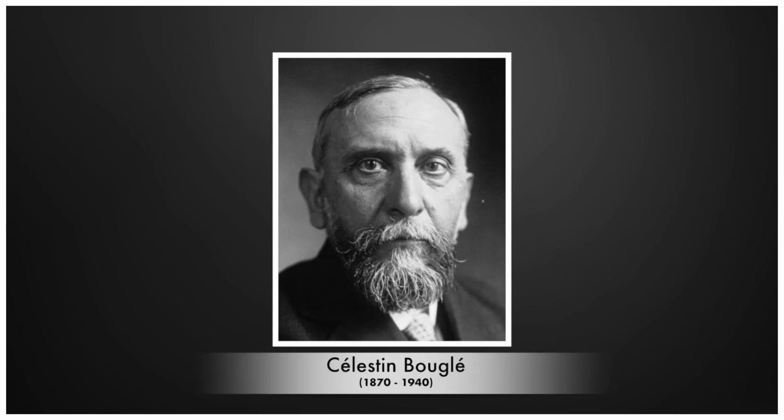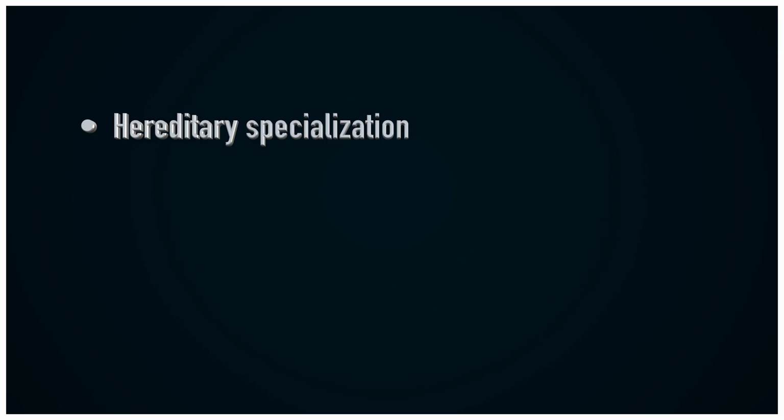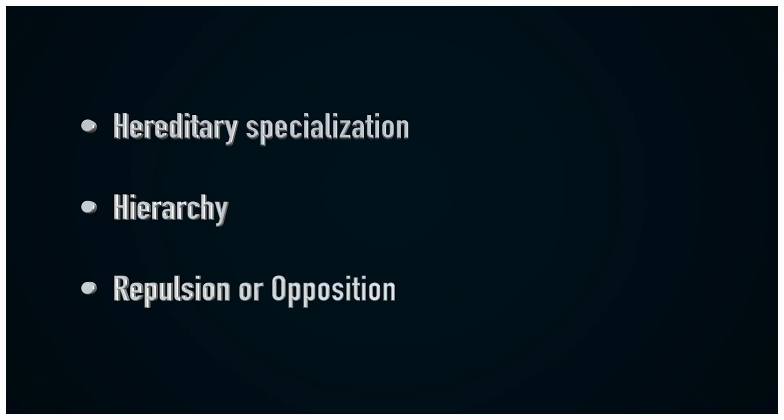The structure of caste could be discussed by analyzing its important features. Bougle has postulated three elements of caste, namely hereditary specialization, hierarchy and repulsion or opposition.